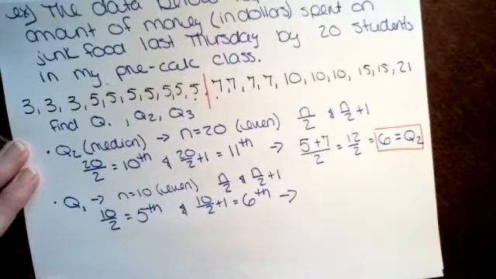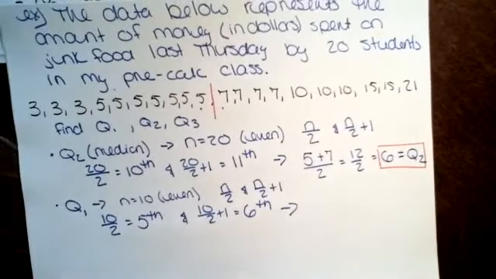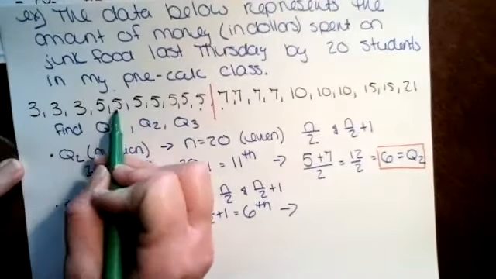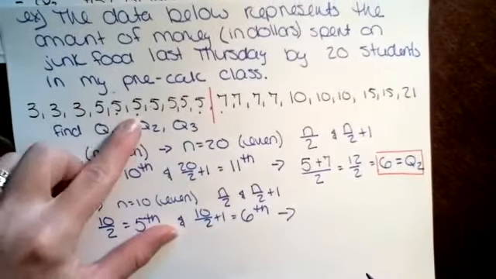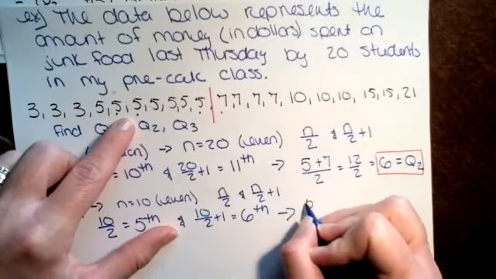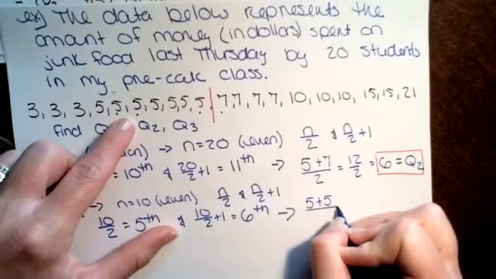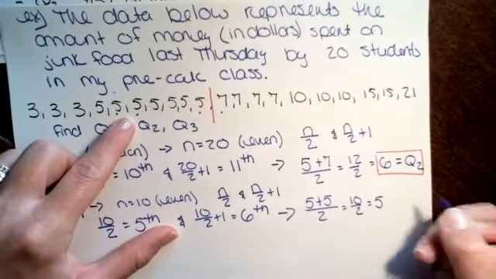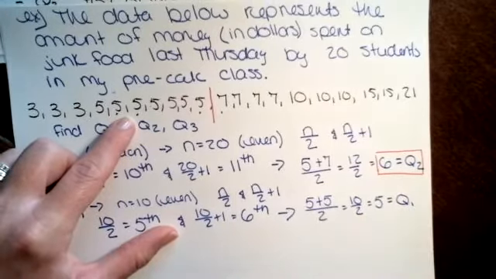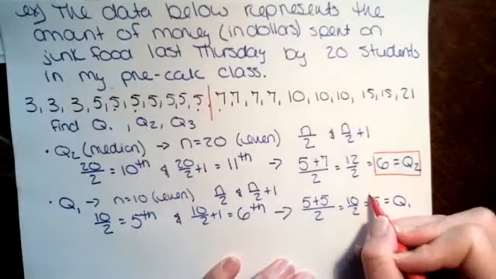From there, I'm going to average them. When I look here, I have 1, 2, 3, 4, 5, and 6. The 2 numbers in the 5th and 6th positions are both 5. So obviously the average is 5, but I like to write it out so we can see where we get our number if we ever look back at this. So quartile 1 is 5.